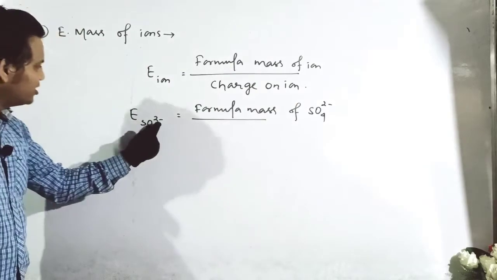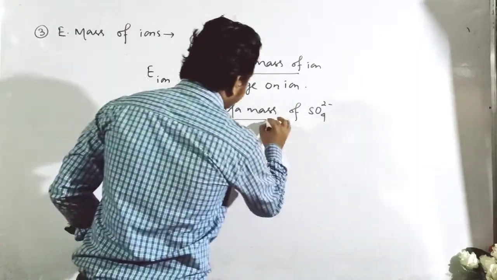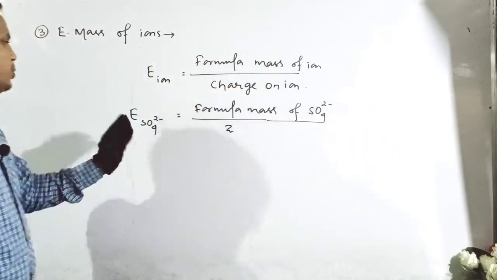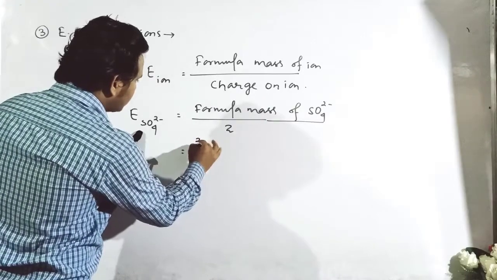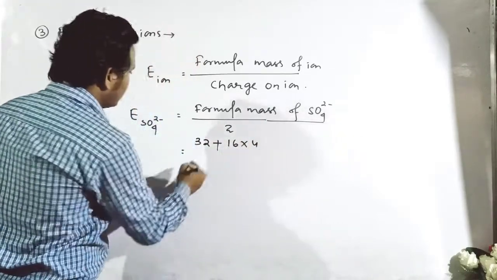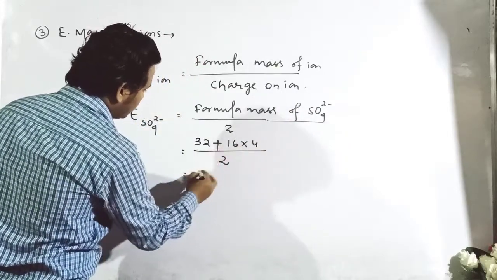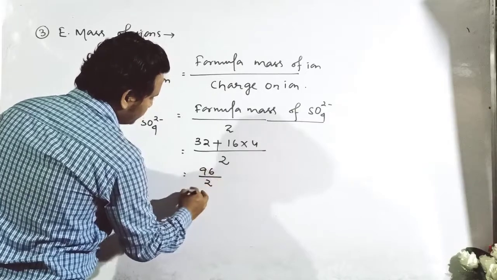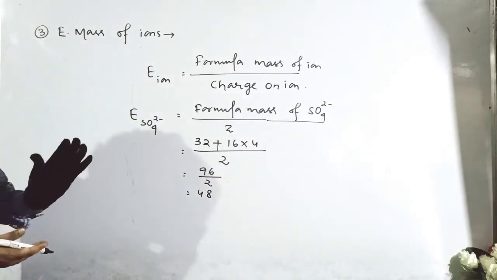What is the charge? 2 negative. So minus, plus we will not write, we will write only the magnitude. 2 negative, so 2. What is the mass? Sulfur 32, oxygen 16, 4 times, by charge 2. So 64 plus 32, this is 96 by 2, that is 48. The answer will be 48.